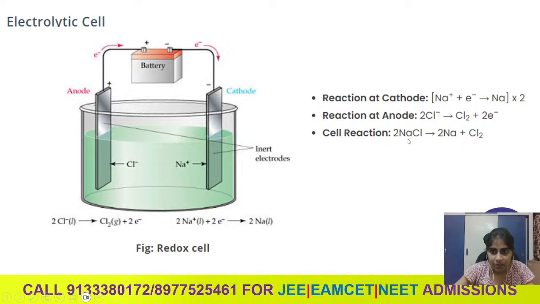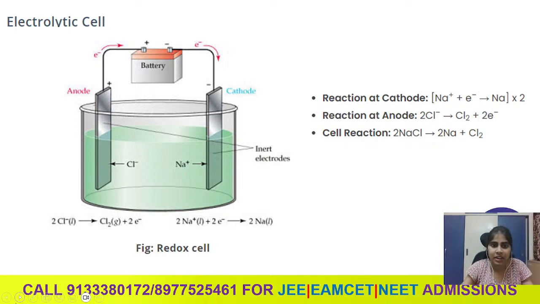2 moles of NaCl is converting into 2 moles of Na and Cl2. So this is the reaction which we can see in electrolytic cell. You can see the difference between the galvanic cell and the electrolytic cell clearly.